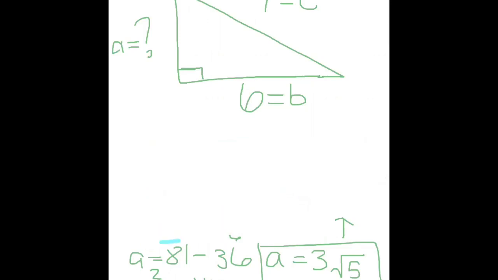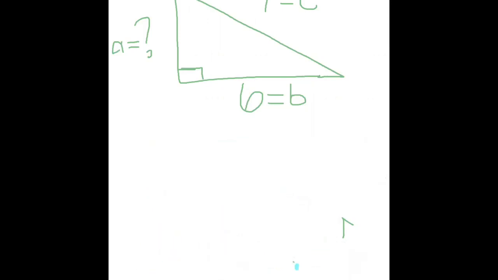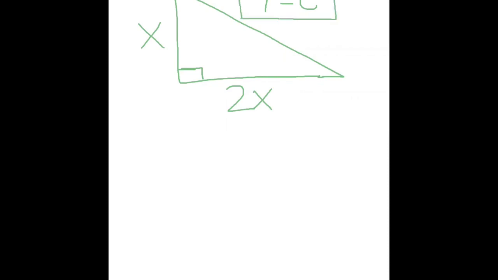Let's look at something else. Let's say I have 9. I have 2x, and I have x. So the only value I know is the hypotenuse.